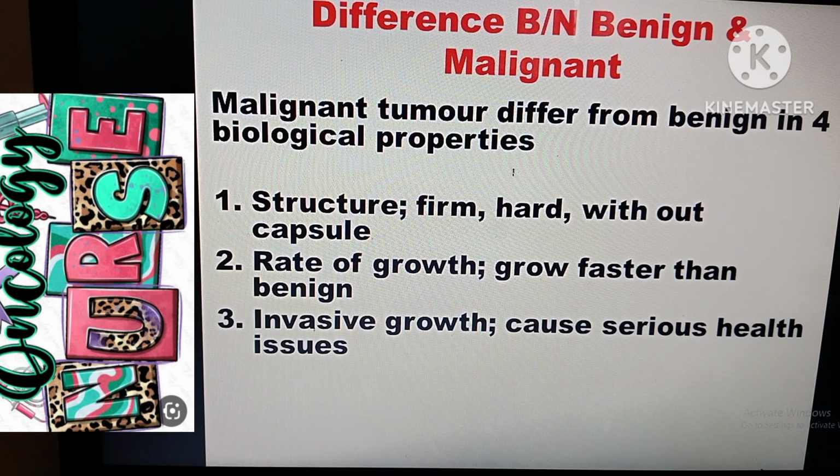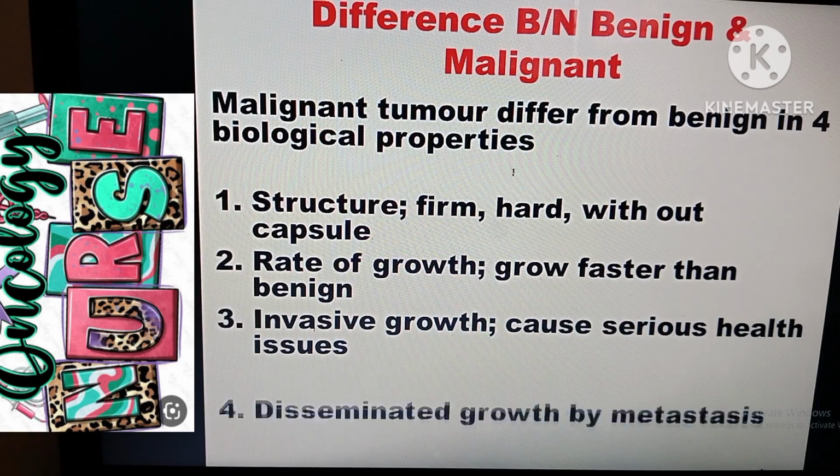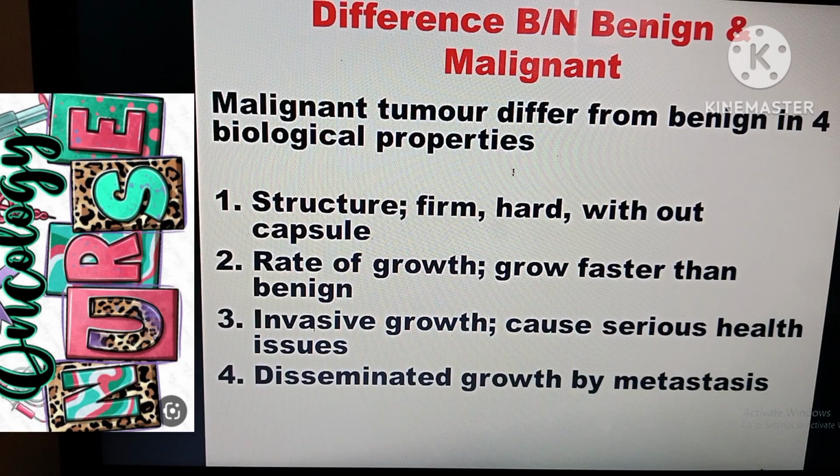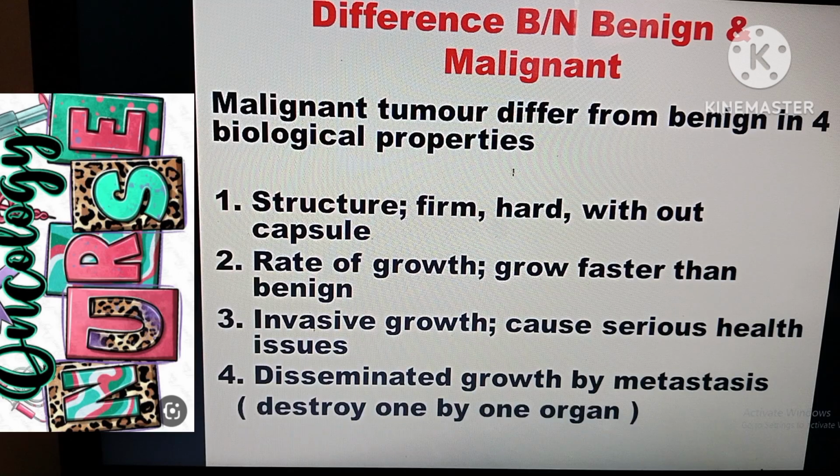From the lungs it will go to the liver, and the liver will fail to do its function. From the liver to the kidney, and once the kidney is affected, the kidney will fail to do its function, and it leads to various health issues. The fourth one is disseminated growth by metastasis, which means it will destroy organs one by one and all normal functions will be altered. So these are the main four differences between benign and malignant.